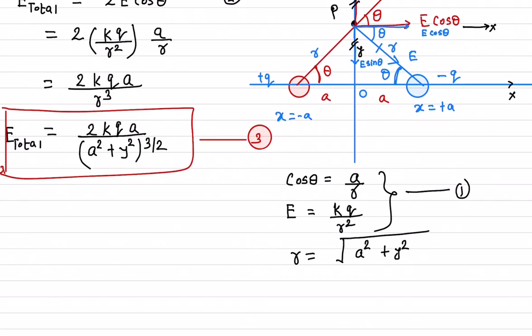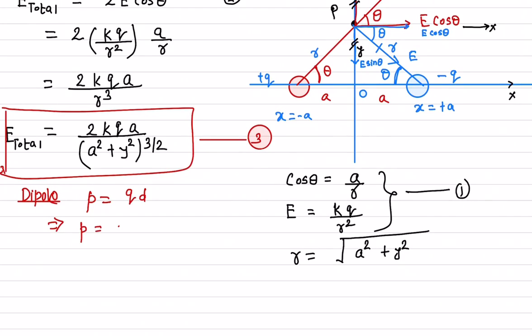So now let's further simplify this equation. We know the dipole moment. The dipole moment, denoted by P, is defined as the charge Q times the distance between the two charges.